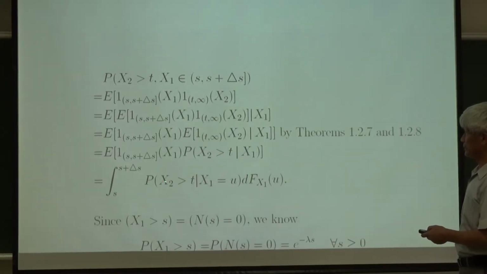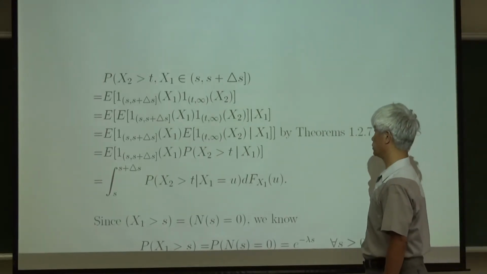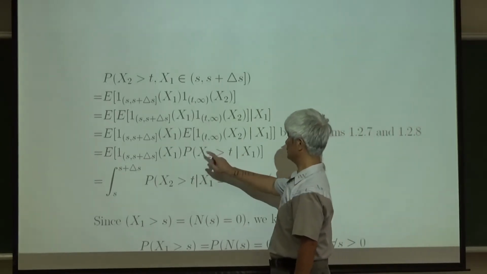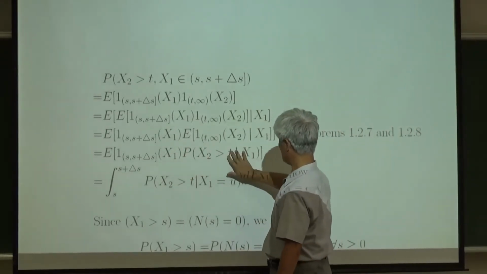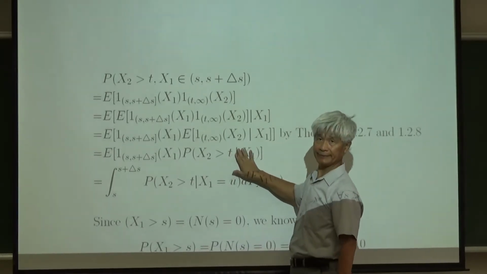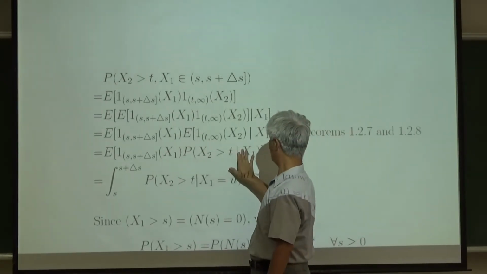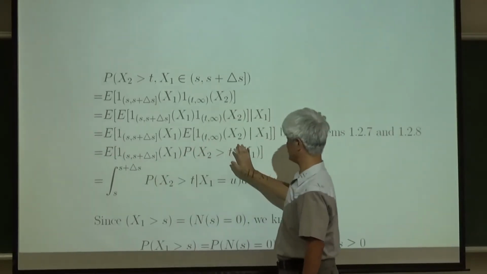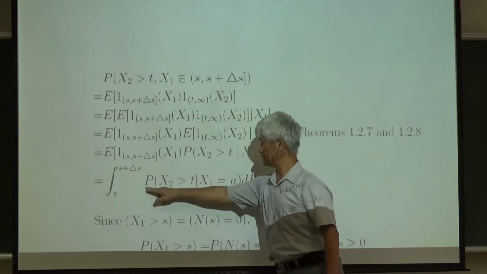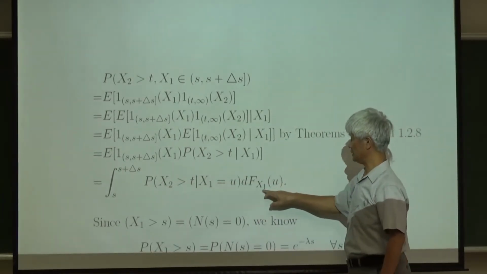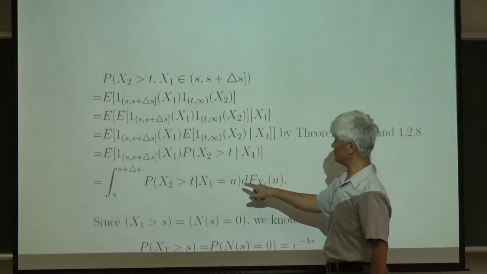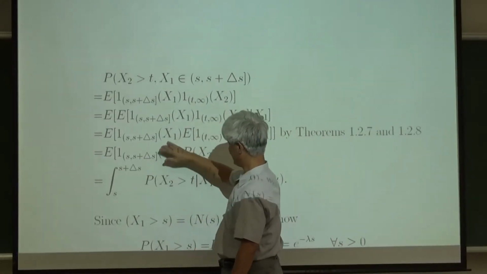So this is actually the integration, because now this is a function of x1. When you want to take the expectation of a function of x1, this is the expression. The integrator is the CDF of x1, and you put the function here.